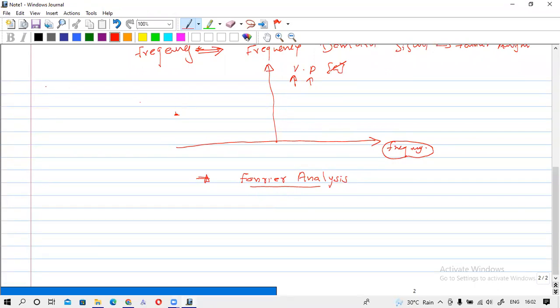At the beginning, I told you that our course is mainly based on deterministic signals. Can you remember? Not random signals, okay? Deterministic signals, and also they will be continuous time signals.